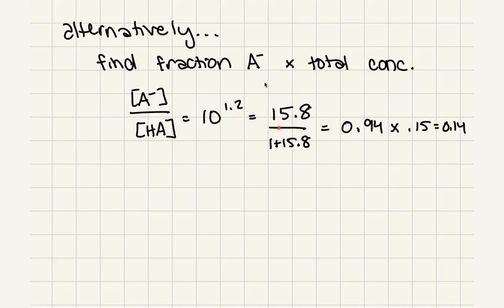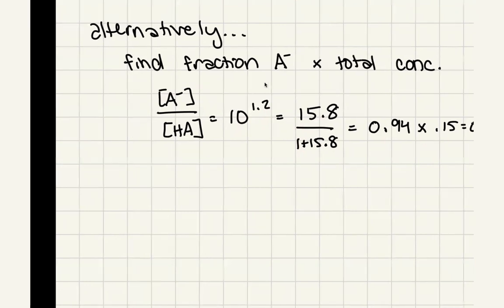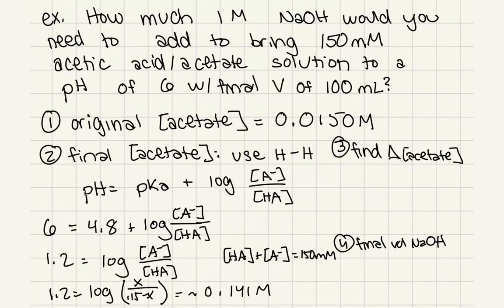Remember, to find the fraction, we divide that by that number plus 1, taking into account that's per 1 part of our conjugate acid. This gives us a value of 0.94, which we can multiply by the concentration to get 0.14 molar.